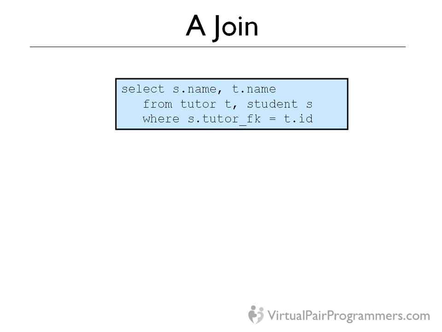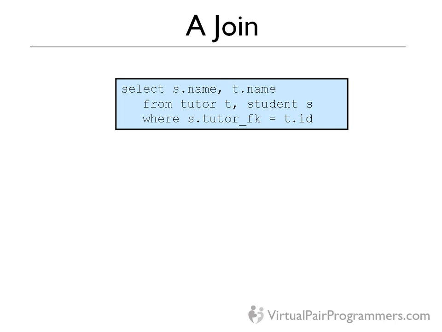First of all, starting from the from clause, I specify that I'm selecting from both the tutor and student table. But this T and S is a little bit strange. It's called an alias, and it's really just a little label that I want to give to each of the tables. And I'm going to use that label elsewhere in the query.